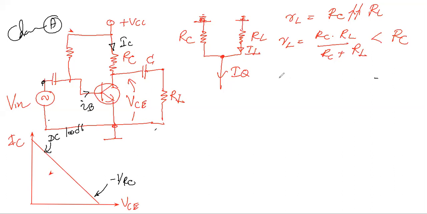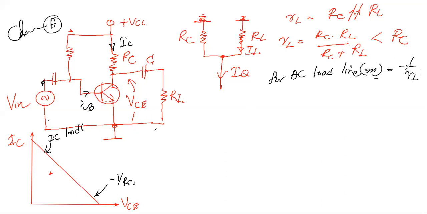In here, for the AC load line, this tangent M is equal to minus 1 over RL. If you compare this 1 over RC and RL, you can see here RC is a large value and RL is a smaller value.